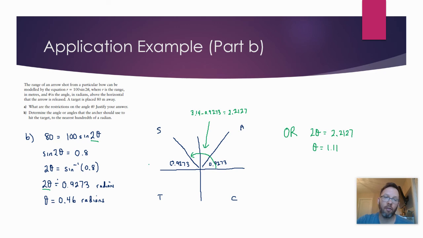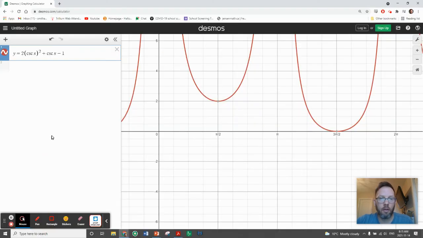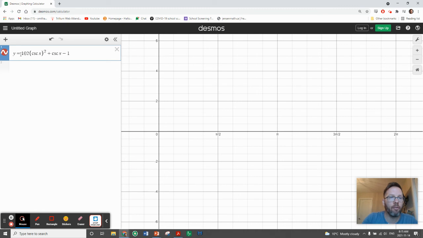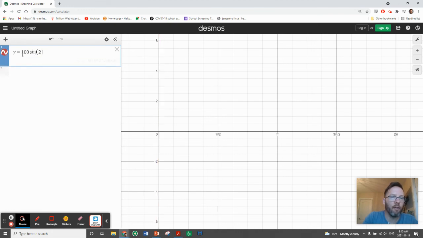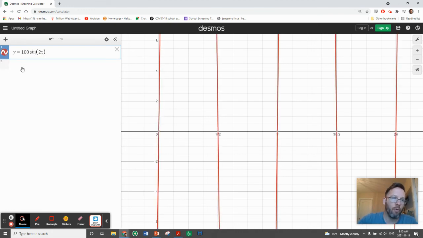Let's head to Desmos and just confirm this. I'll have to change my window as well. So our equation is 100 times the sine of 2x, and we're going to make another function here, y equals 80, to see where those two meet.